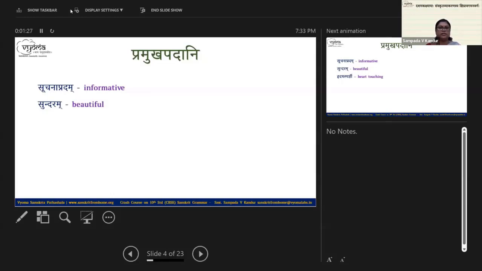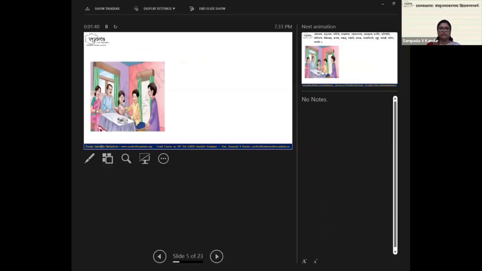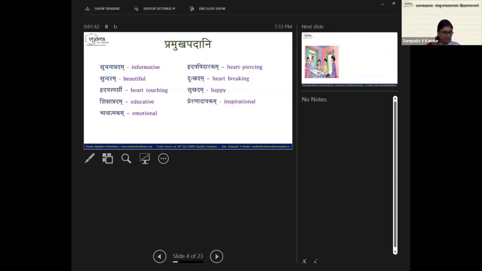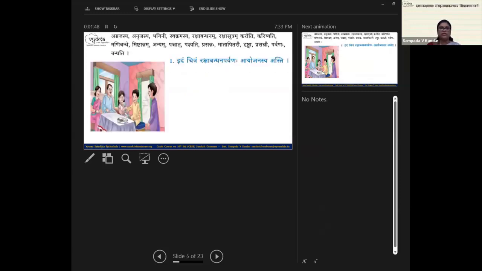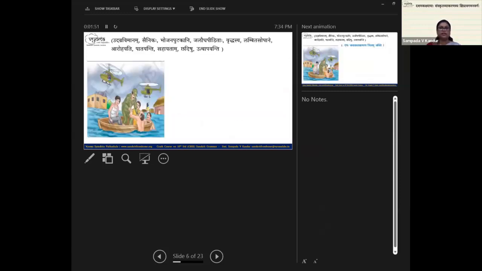Yes, my screen is visible. I have changed it now. Sukhadam is not sad, Sukhadam is happy. So now let's see the next picture and try to solve it.